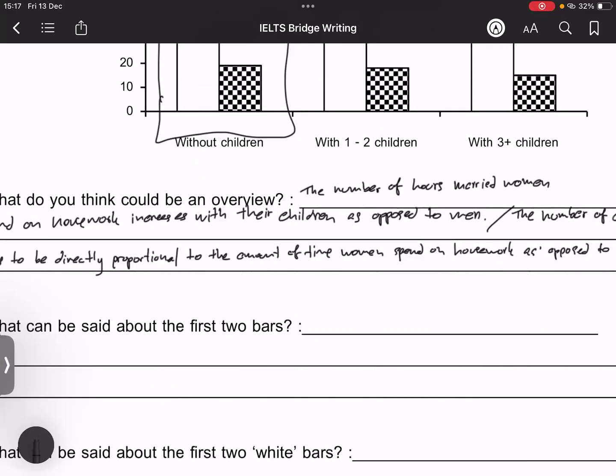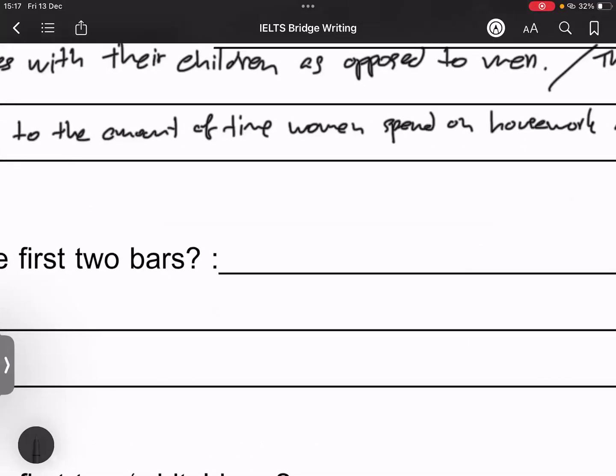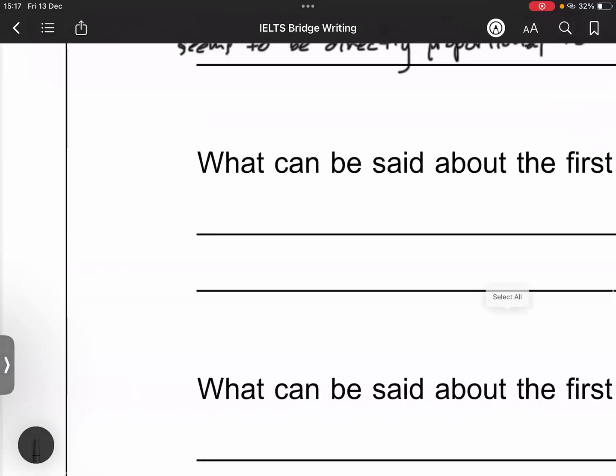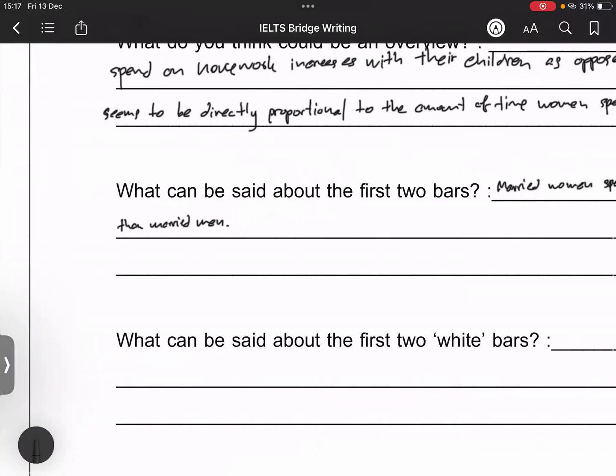You can say married women spend slightly more hours on housework than married men, right?